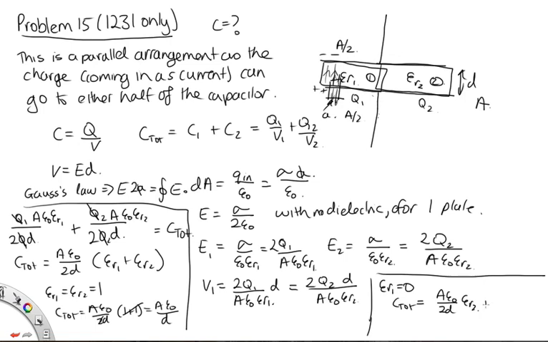So that is what we would expect. Finally, if we just set epsilon R1 equal to epsilon R2, then we end up with C total is equal to, well, 2 epsilon R1, so these 2's will cancel out, and we'll end up with A epsilon naught epsilon R1 over D, which is the case for a parallel plate capacitor with an epsilon R1 as the dielectric constant within it. So this is in agreement for the limiting cases.